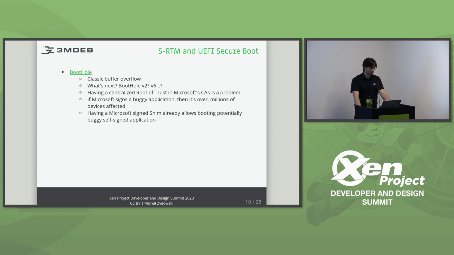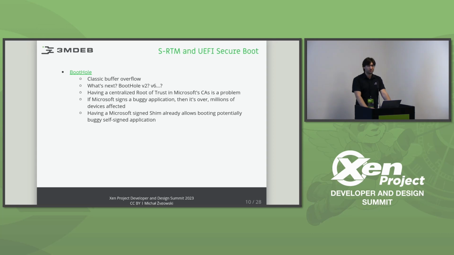We are unable to write perfect bugless code. And a simple buffer overflow can lead to compromising the whole trust chain and affect even millions of devices, for example, using this GRUB version that was affected. So what's next? BootHole v6? Well, this is another reason why SRTM is not very practical.